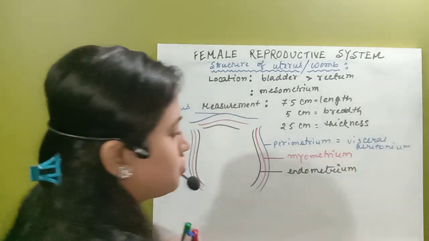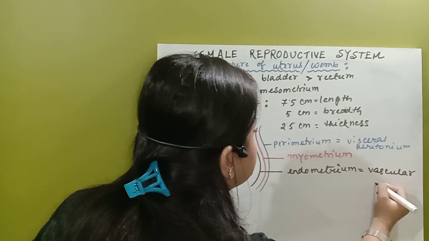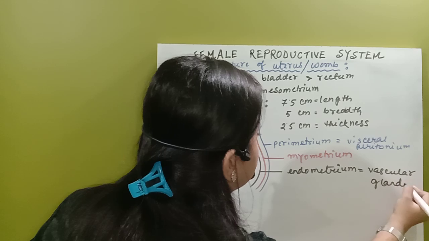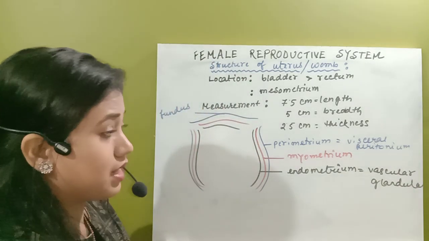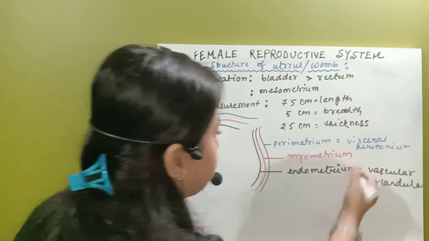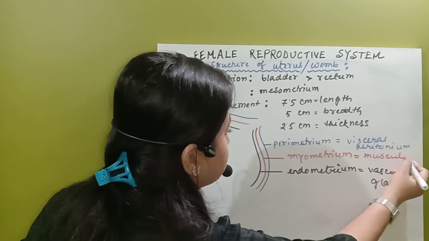So this endometrium is highly vascular and glandular. This myometrium is actually a muscular layer. So these are the three layers we have.